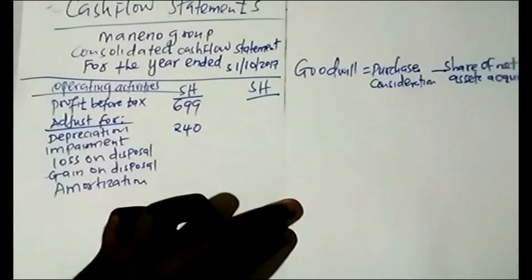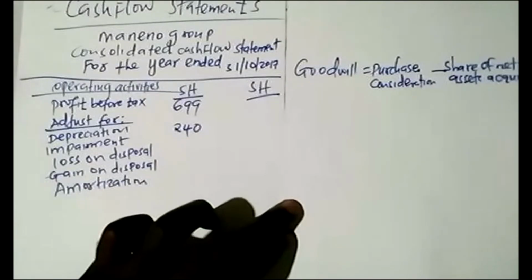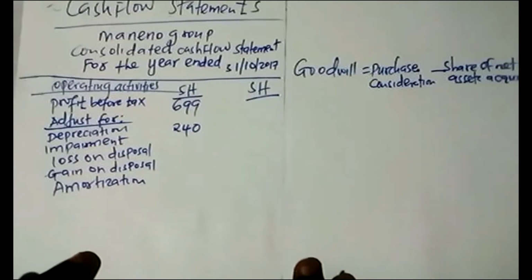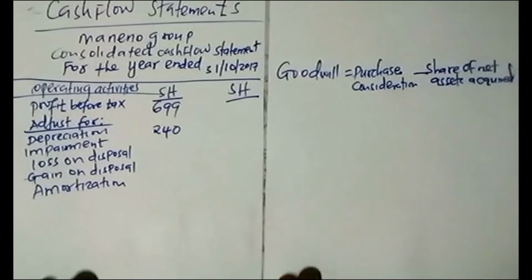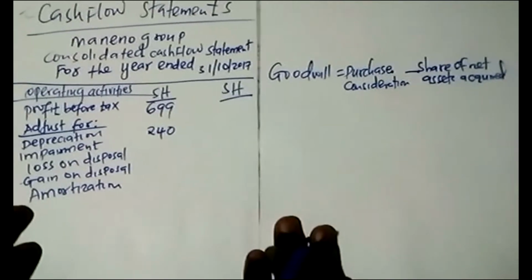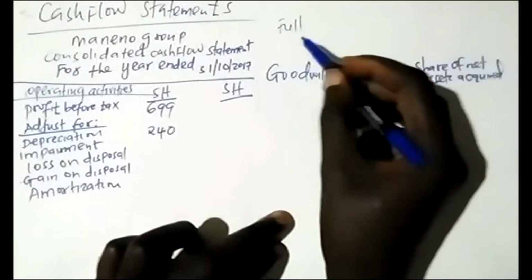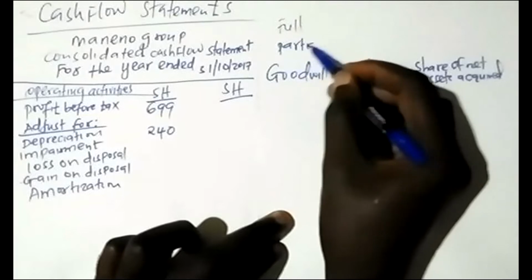When computing goodwill, you have two methods to use, and you have to identify which method to use. You can either go for the full method, or you can go for the partial method.